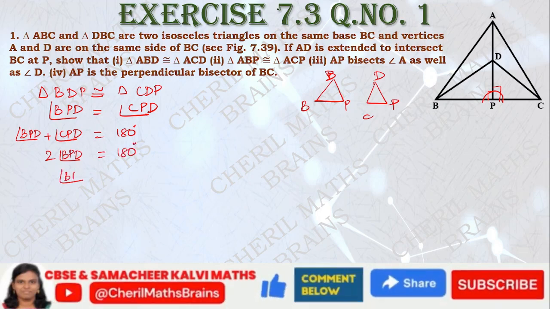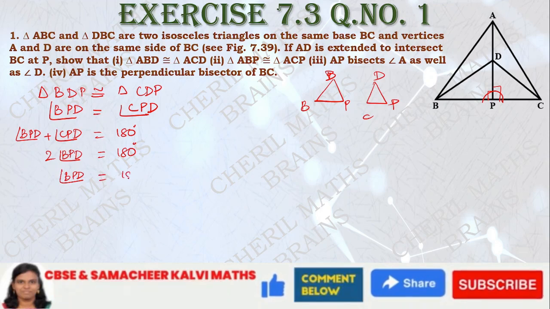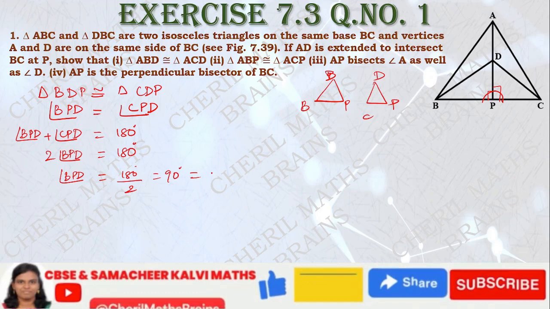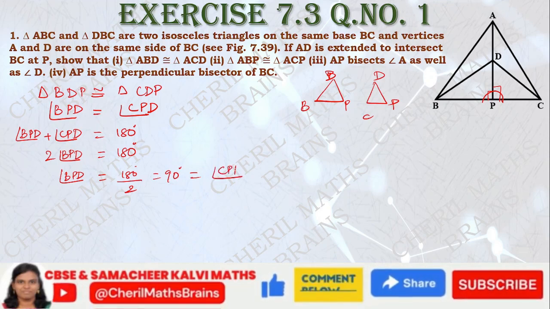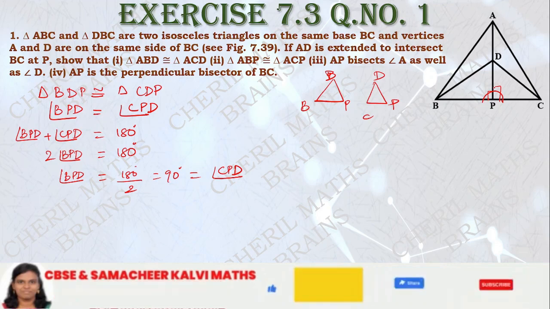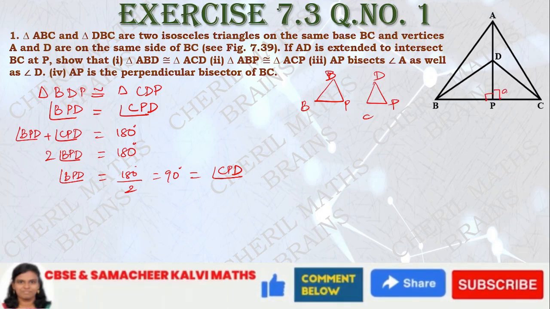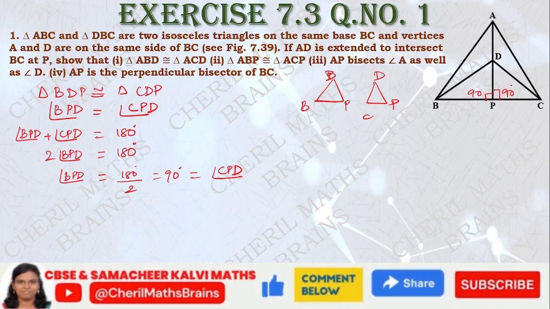Therefore, angle BPD is equal to 180 divided by 2, which is 90 degrees, which is also equal to angle CPD. Is it clear, children? So we are able to prove that angle BPD is equal to angle CPD, which is nothing but 90 degrees.